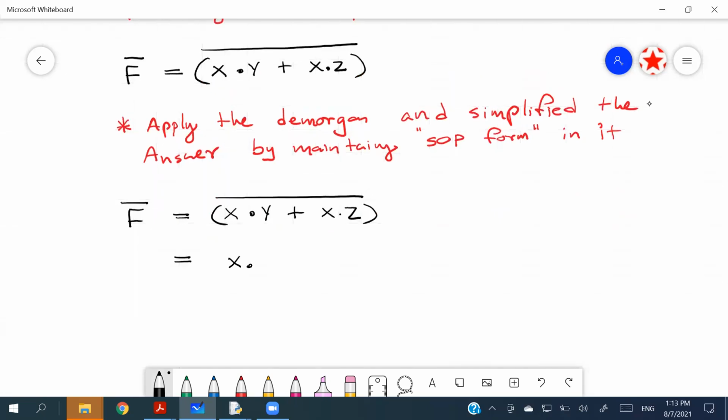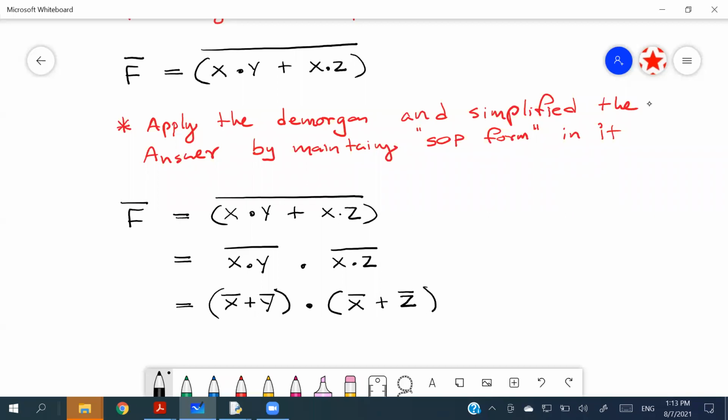So this is going to give you x dot y bar dot x dot z bar. And later we apply De Morgan again. So it's going to be x bar plus y bar, this dot continues, x bar plus z bar.